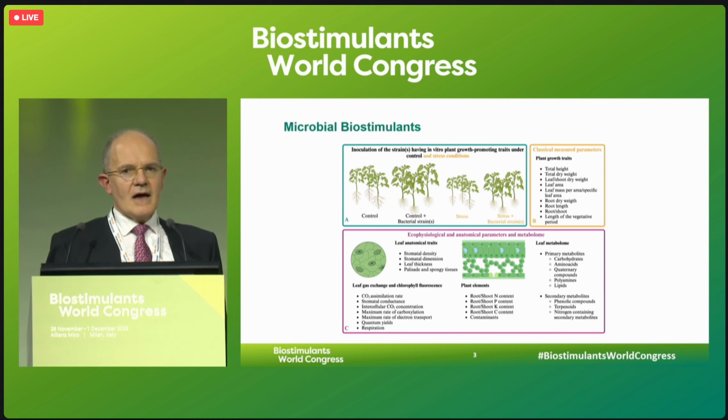These data are often not supported by experiments in which the ecophysiological parameters are analyzed, and the metabolome analysis does not support the real function of this biological system. So we have many papers in the literature on PGPR that work only in particular conditions, for example under stress or in combination with some bacteria.